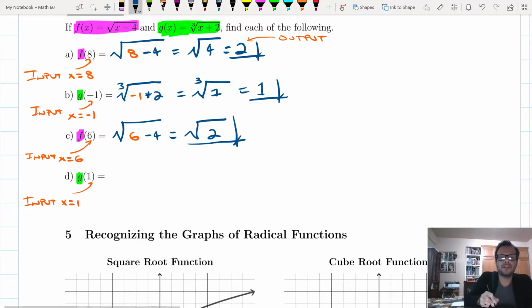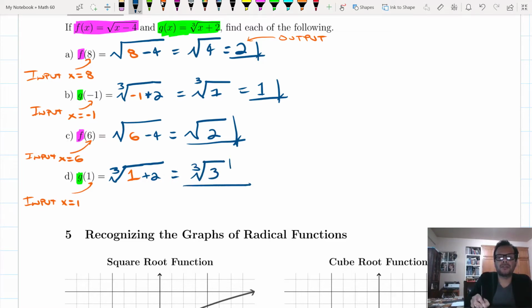All right, so the cube root of 1 plus 2. All right, and this will be the cube root of 3. All right. And that's about it. That's one example of evaluating radical functions.